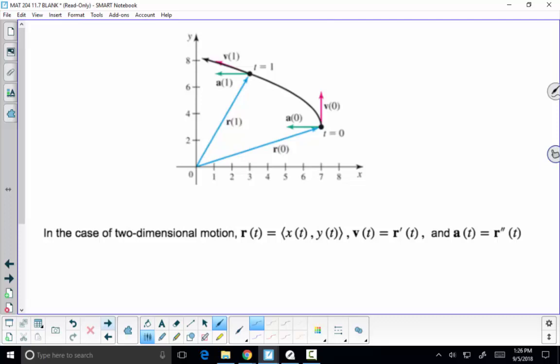If the acceleration vector is pointing in essentially the opposite direction of the velocity, it's dragging on the motion, slowing the speed down. And if the acceleration vector is 0, there's no acceleration, so we have constant speed. If you have a constant velocity, the derivative of a constant is 0, so you'd have a 0 for the acceleration vector.